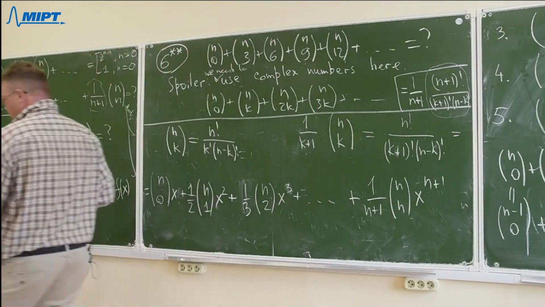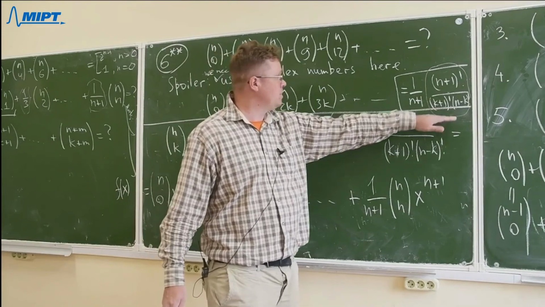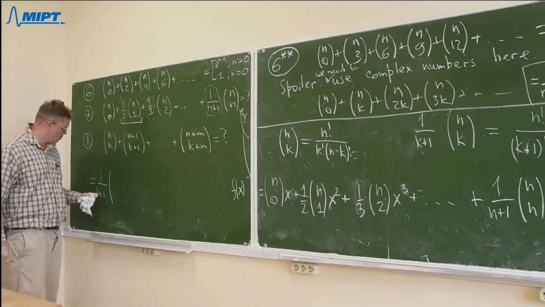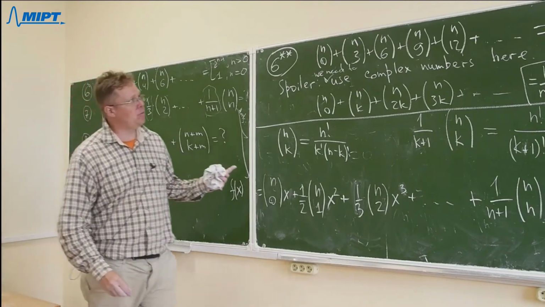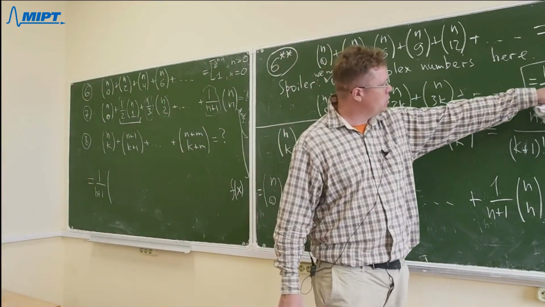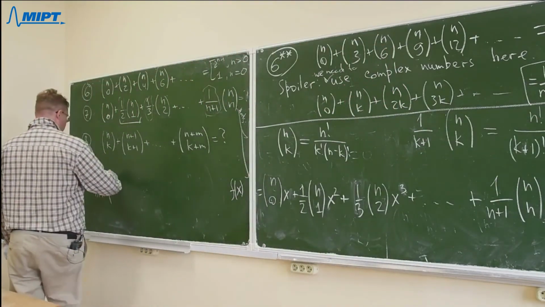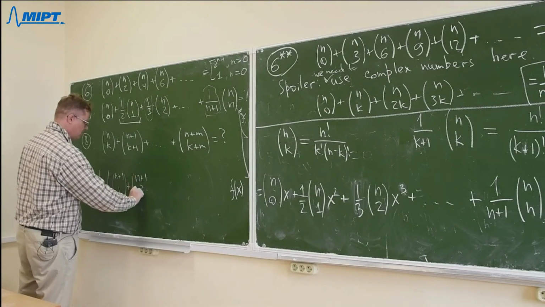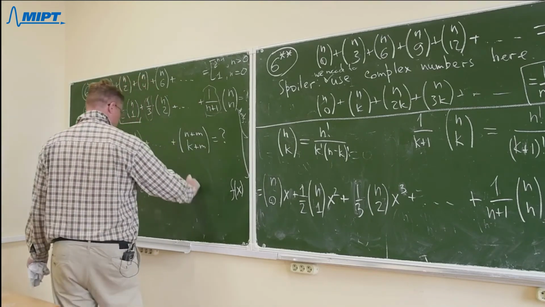Okay, so I already saw the correct answer here. If you use this idea, then it is not hard to say that we can write it as 1 over n plus 1 times the coefficients: n plus 1 over 1 plus n plus 1 over 2 and so on plus n plus 1 over n plus 1.